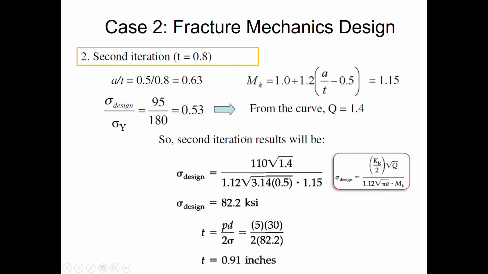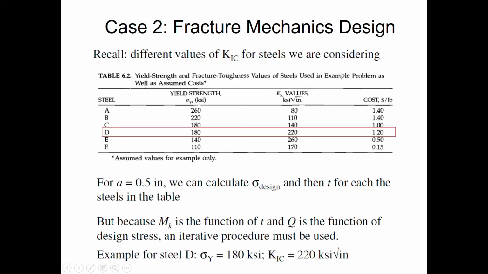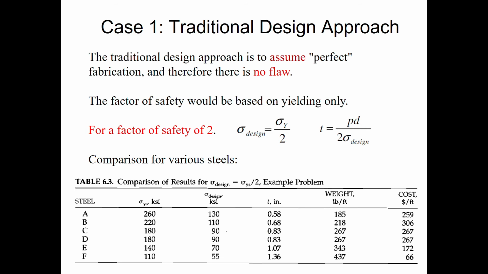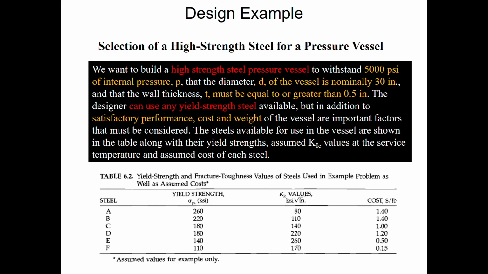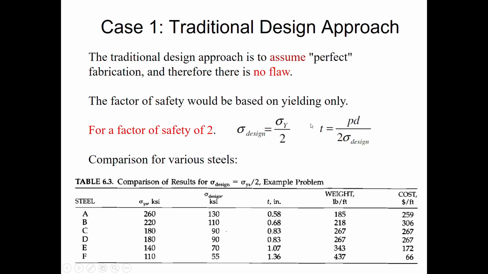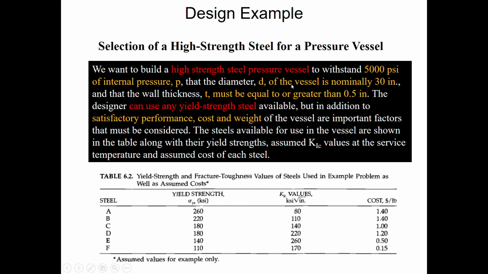Alright, for the second iteration, we know that A is actually 0.5 because they already give it as a user's input here. We say that the wall thickness T must be equal to or greater than 0.5 inch, which means that if I have a crack, it must be more than that.